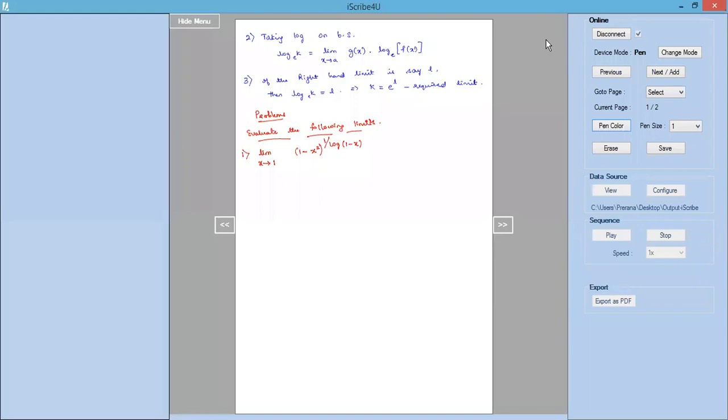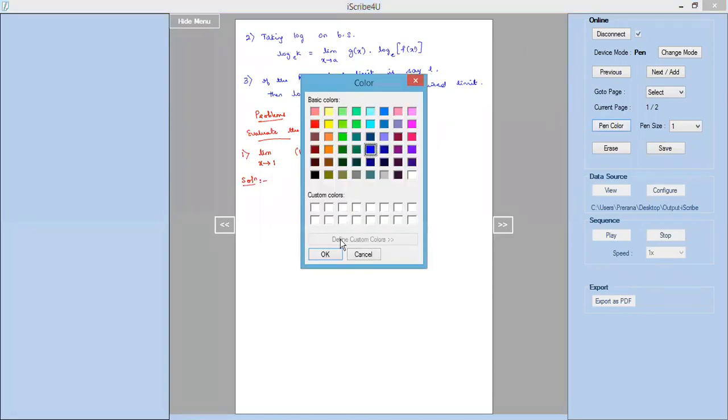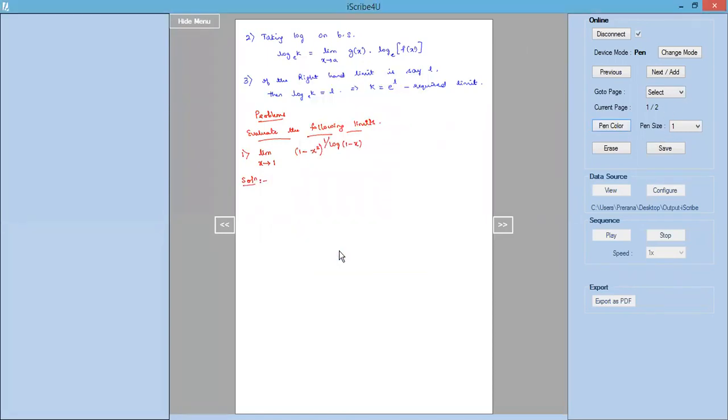Very firstly, we will assume the given limit as say k. Let k be equal to limit as x tends to 1, (1 minus x square) the whole power 1 divided by log of (1 minus x).